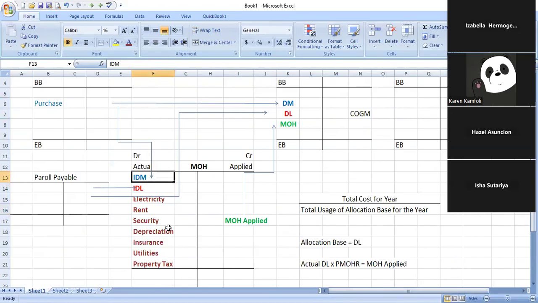So, for example, if you want to give the customer once in a while a free coffee in your coffee shop, what do you have to do? Make the customer pay for it. How? Put it in the manufacturing overhead calculation. If you want to give a free pizza with the president, put it in the manufacturing overhead for the company.